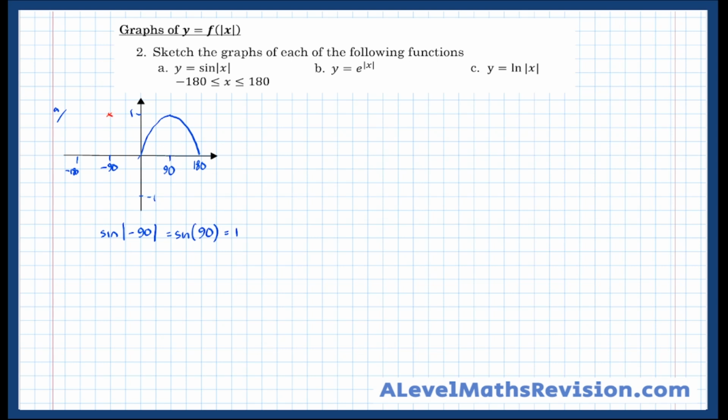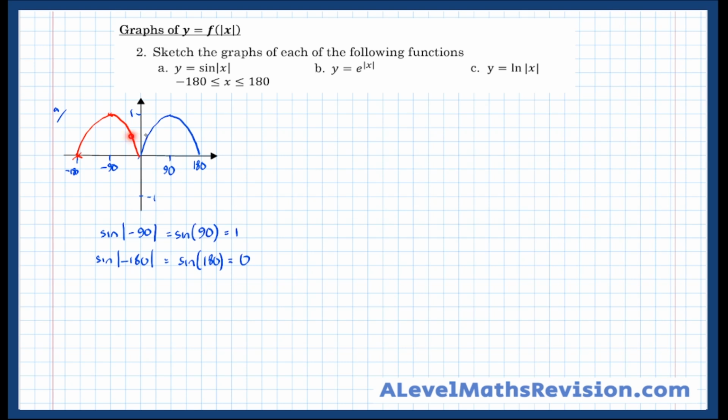Try to sub minus 180 in. Well, let's see. Sine of minus 180 equals, well, that's made positive before we sine it, which is 0. Like that. So actually what's going to happen whenever we try to sub a negative value is that we're just going to get the positive version of that subbed in.